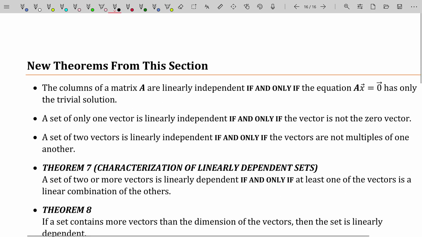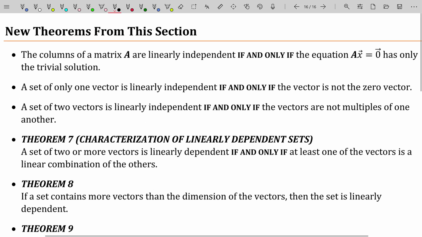The columns of a matrix A are linearly dependent if and only if the equation AX equals 0 has more than just the trivial solution. Now I'm going to erase all my brand new ink there to get it back to its regular form. Another theorem we were introduced to. A set of only one vector is linearly independent if and only if the vector is not the zero vector. Not a super powerful theorem, but there it is.